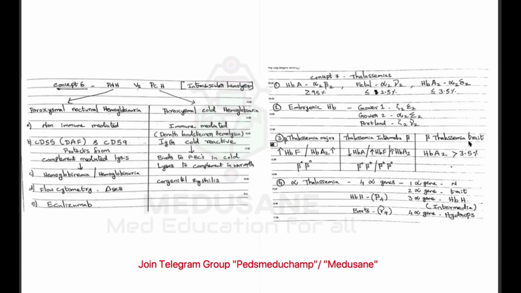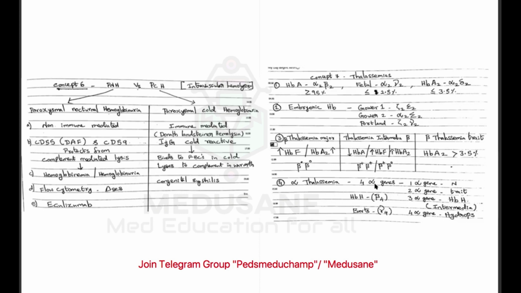Hemoglobin F will not be that much elevated in thalassemia trait. In thalassemia trait, the only finding in hemoglobin electrophoresis is HbA2 more than 3.5%. HbA2 is not so important in thalassemia major for diagnosis. Only HbF will be elevated, so remember. But in trait, HbA2 is important. HbA2 will be more than 3.5%.